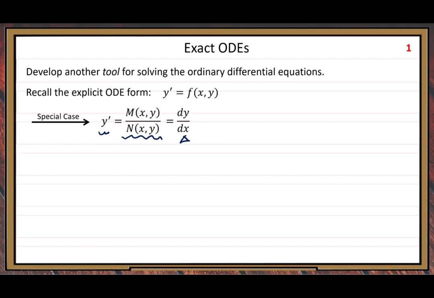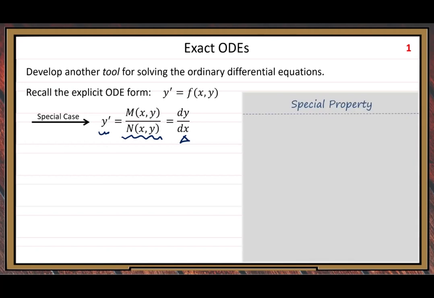It's a fraction. You can treat it as a fraction, dy over dx. Then we can change its form. We can remove the common denominator, so we can do some transformation on this form.